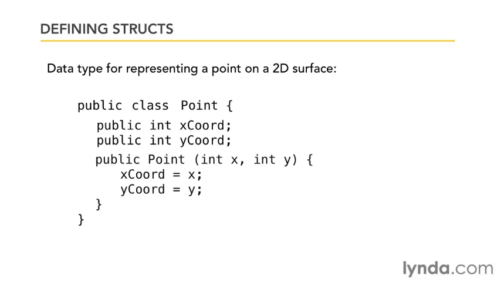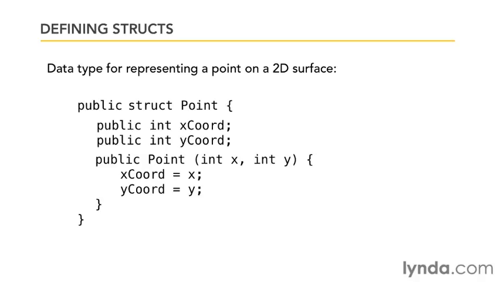You could also have a constructor function. So when someone said new Point, they could pass in a value for the x and the y, and that would set the x coordinate and y coordinate to whatever the values are. We could also just simply declare this to be a struct, in which case it's not a class anymore, but everything still works. We've got member variables, we have a constructor function, and everything is fine.